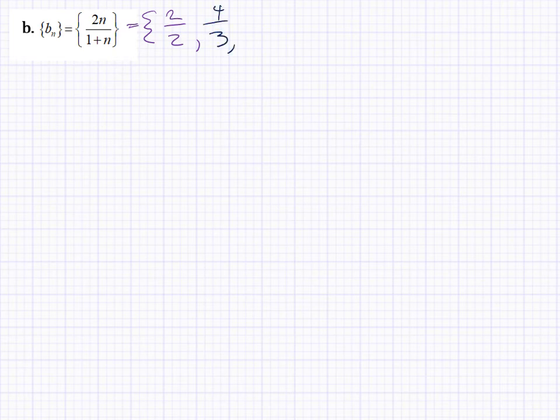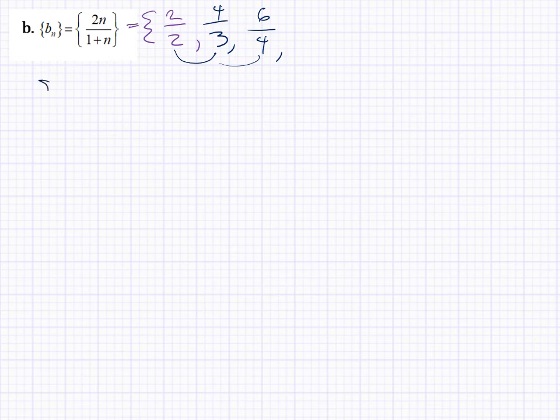If I plug 3 in, I get 6 over 4, etc. So does it seem like the terms are getting bigger or smaller? Staying the same is something that we can do as well. It looks like the terms are getting bigger. This is 1, and then 4/3, and then 6/4.